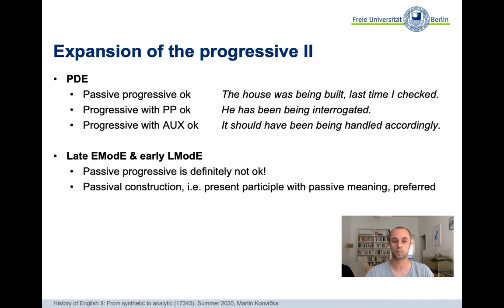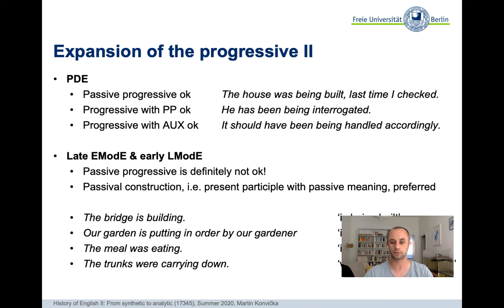Instead of that, we had the so-called passival construction, which basically refers to a present participle that has passive meaning. I'll give you a couple of examples. A sentence such as the bridge is building in late modern English, beginning of the 19th century, would be used to mean the bridge is being built, or our garden is putting in order by our gardener.